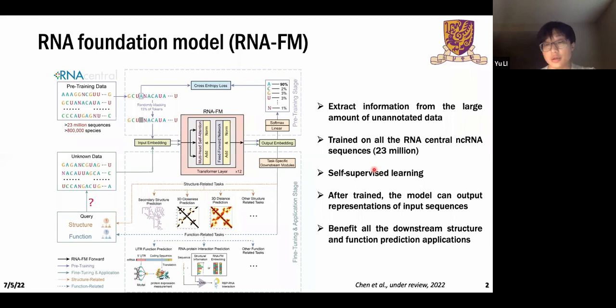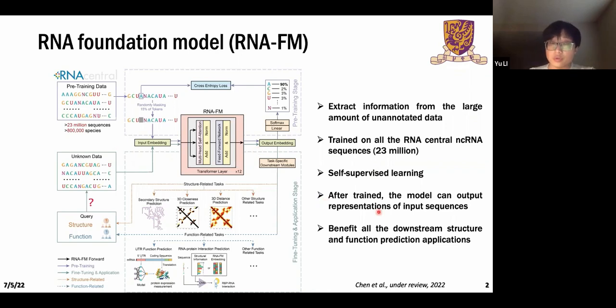After the model is trained, it can output the representations of the input sequences. We just give the RNA sequence to the model, and then it can output the embedding. Such embeddings can benefit almost all the downstream structure and function prediction applications.